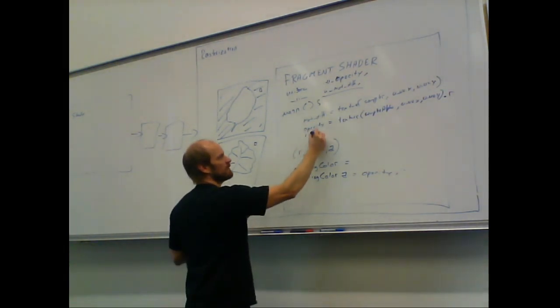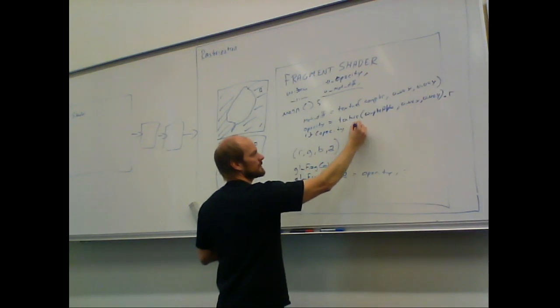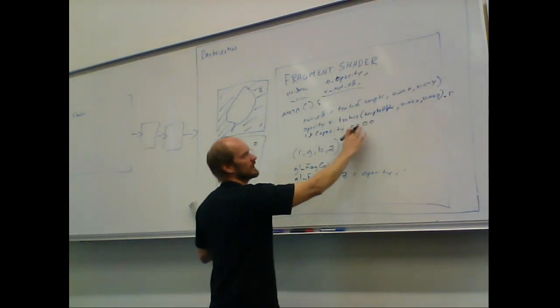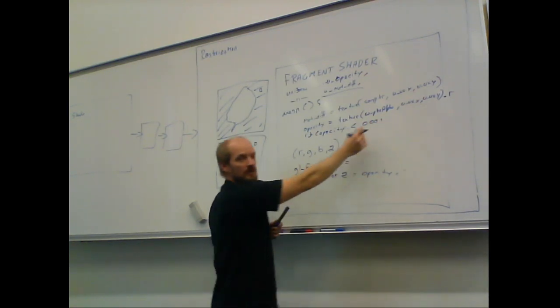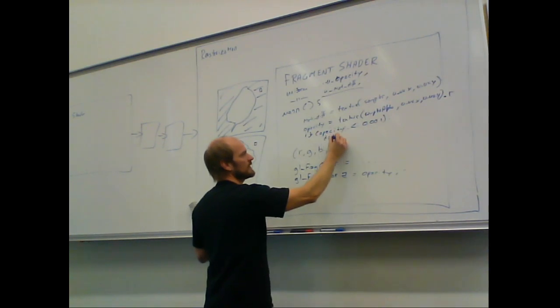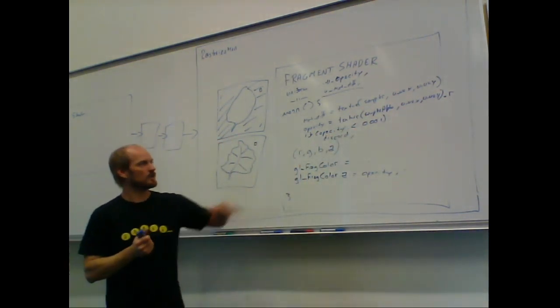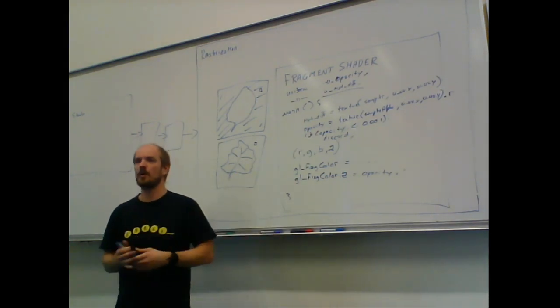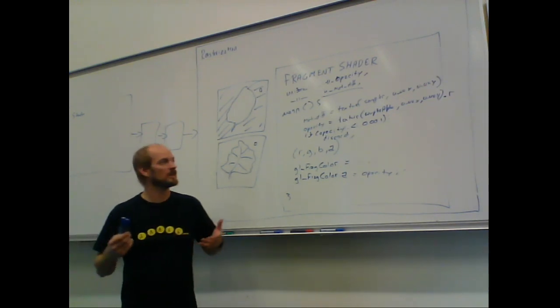You can do something like if opacity equals 0, but usually you'd say is less than some threshold value, something very small. And you can simply call discard, and the fragment shader will stop and throw away whatever's happening. It won't continue into the blending, won't continue into everything.